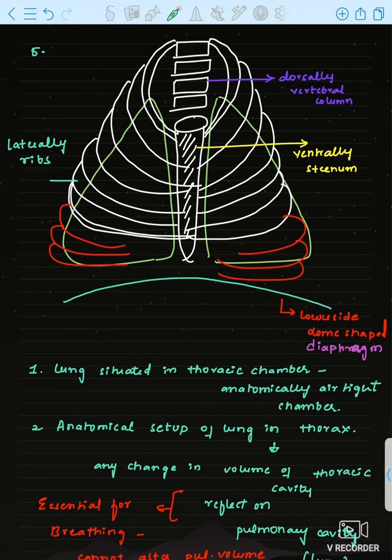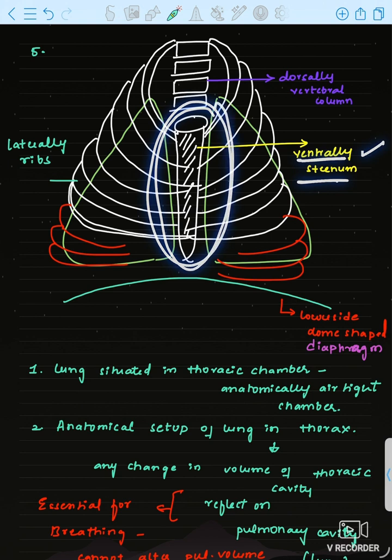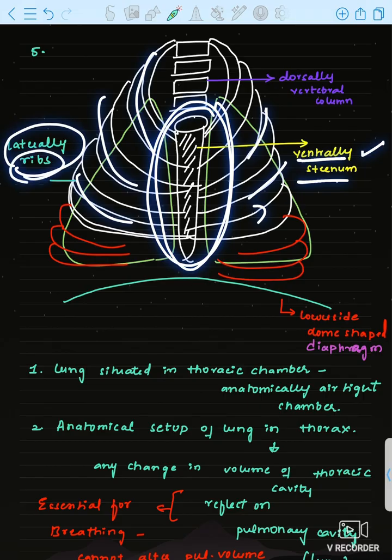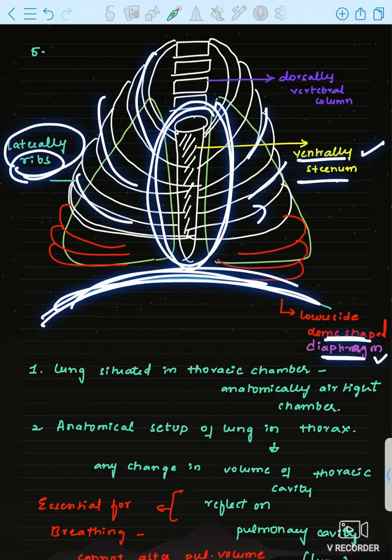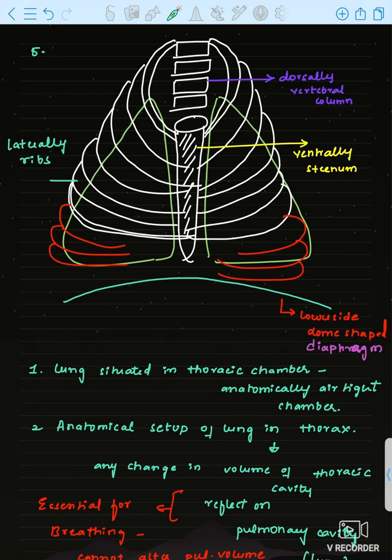And ventrally, means front side, by the sternal bone, the sternum. And laterally means sideways, by ribs, and downward by the dome shaped diaphragm. See, it is dome shaped, no? So once again you can tell with me: dorsally by vertebral column, ventrally by sternum, laterally by rib, and lower side by dome shaped diaphragm.